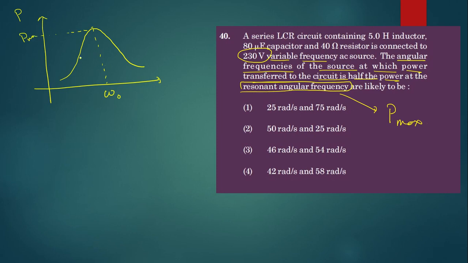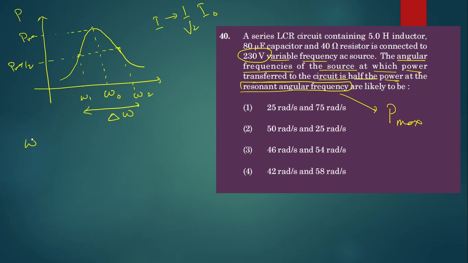Then at two frequencies, one called the lower cutoff frequency and one called the upper cutoff frequency, the power becomes equal to half of the maximum power. Or these two frequencies are the frequencies at which the current in the circuit becomes equal to 1 by square root 2 times the maximum current. This difference is also called the bandwidth.